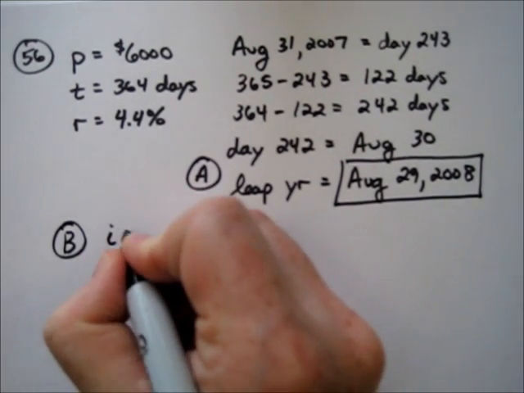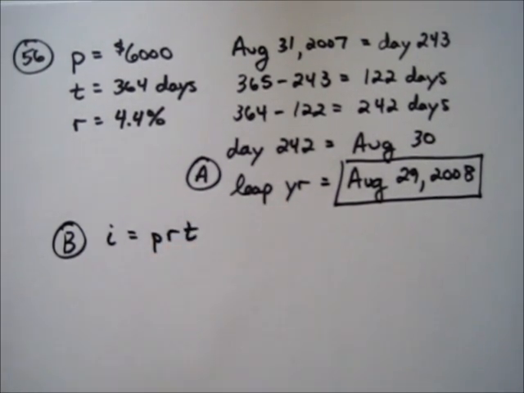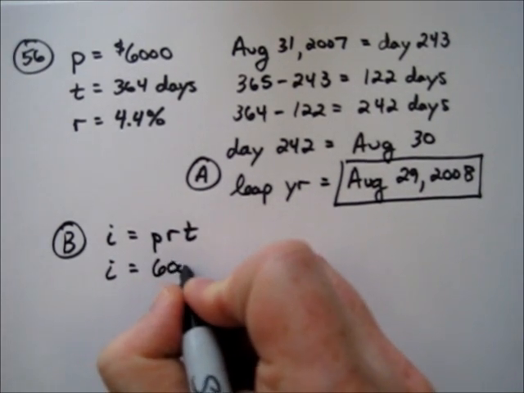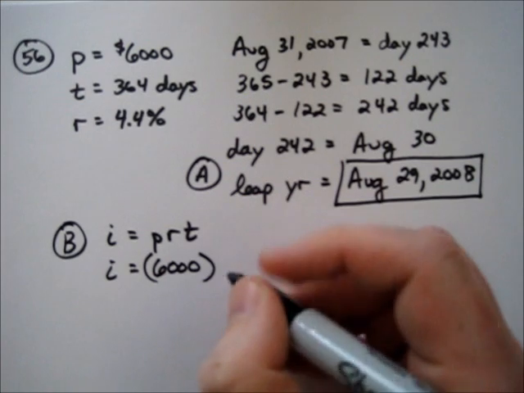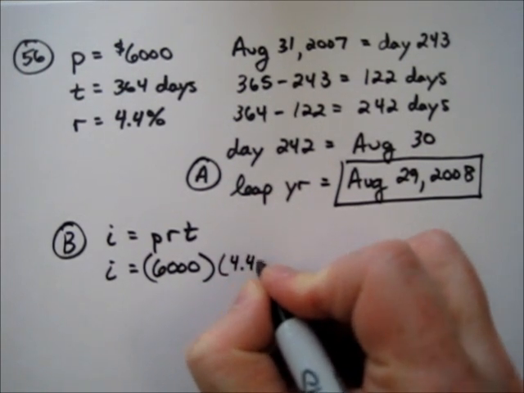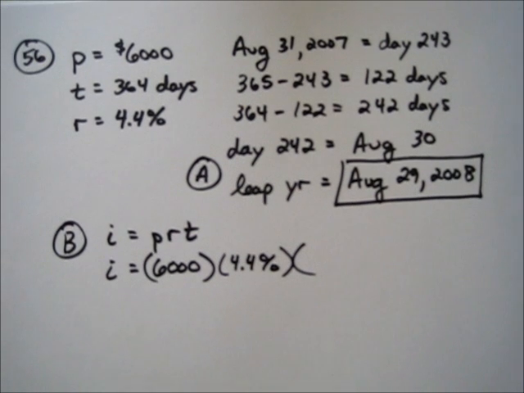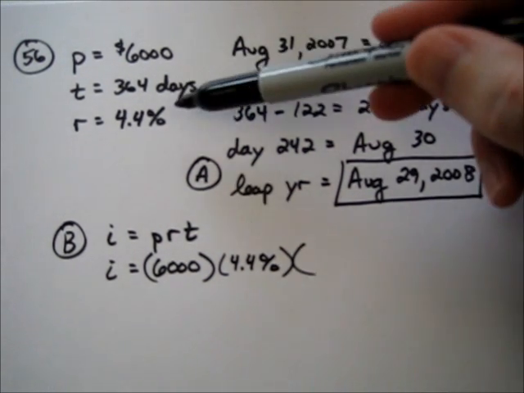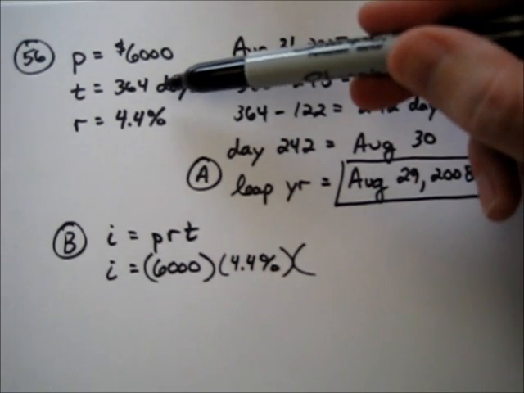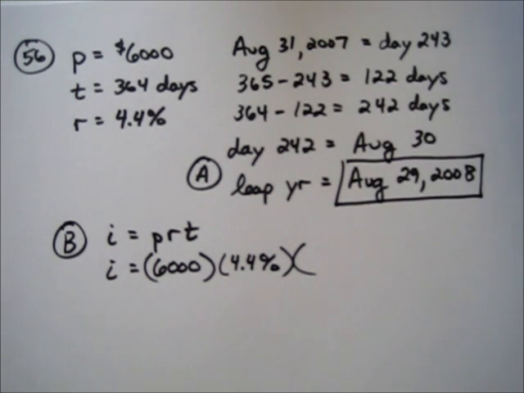So if we look at our formula, I equals PRT, the principal is $6,000. The interest rate is 4.4%. And then the time, well, we know it's 364 days, but we've got to be in the same units as our interest rate, so I need to turn 364 days into years.